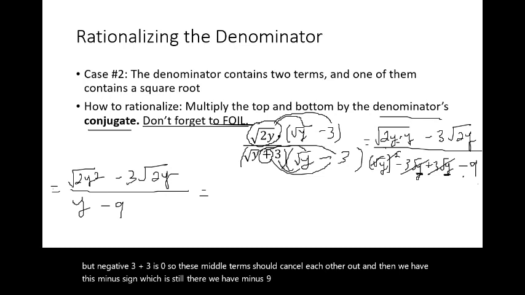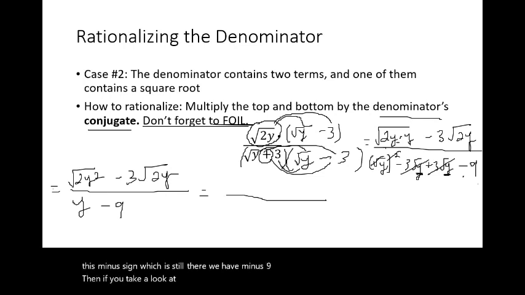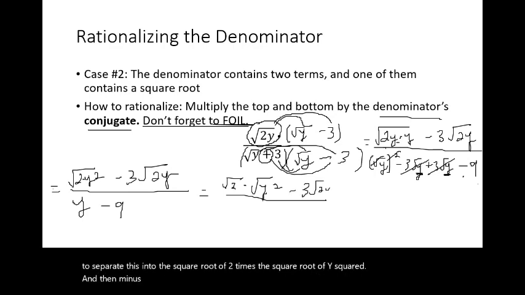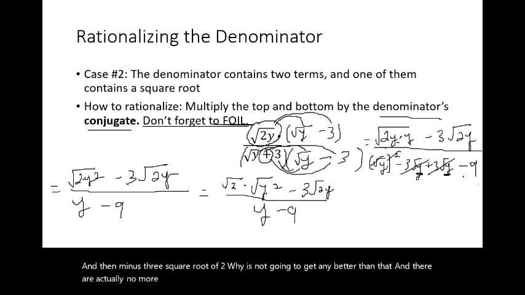Then if you take a look at the numerator, there's a square root of y squared here. So I'm going to separate this into the square root of 2 times the square root of y squared. And then minus 3 square root of 2y is not going to get any better than that. And there are actually no more square roots in the denominator. That's the whole point of this. You should, by the end of this, have no more square roots in the denominator.